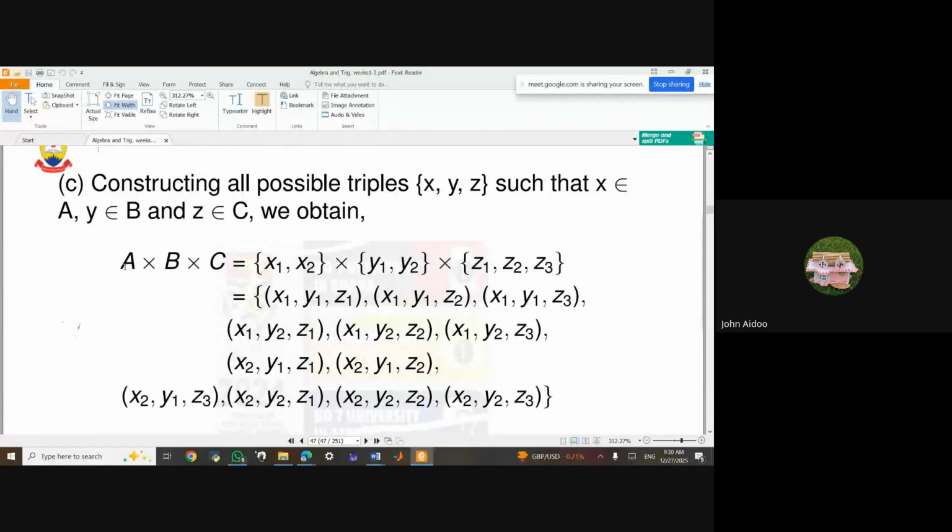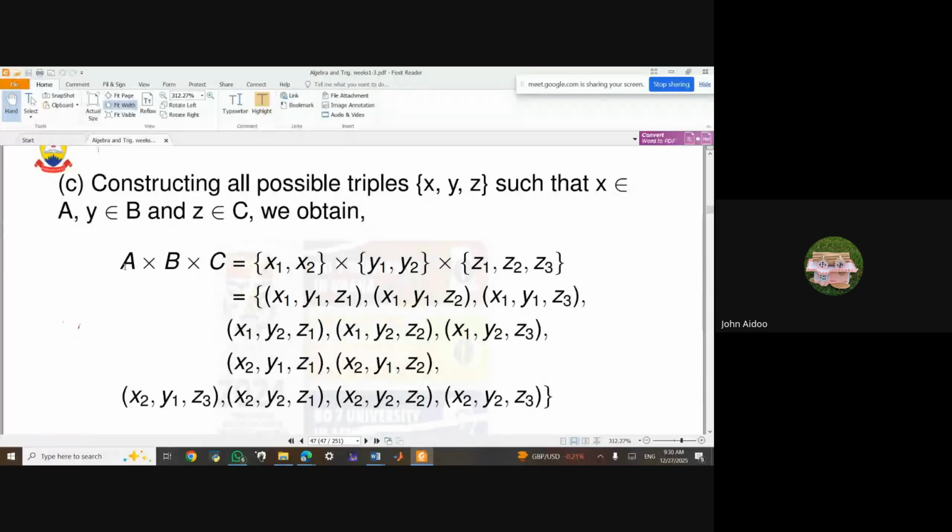Madam, looking at it, we have A multiplying B multiplying C. It's not multiplying; we call it the Cartesian product, or cross product. Okay, thank you, madam.